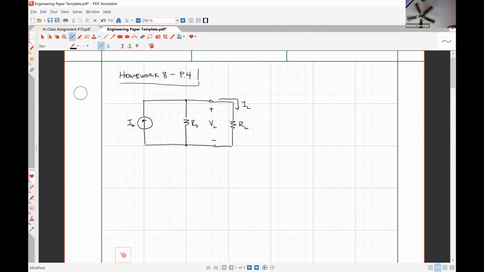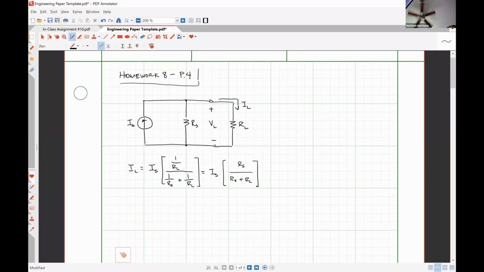So, I can use current division and find that IL will be equal to IS multiplied by 1 divided by RL over 1 divided by RS plus 1 divided by RL, which is the same as IS multiplied by RS over RS plus RL.